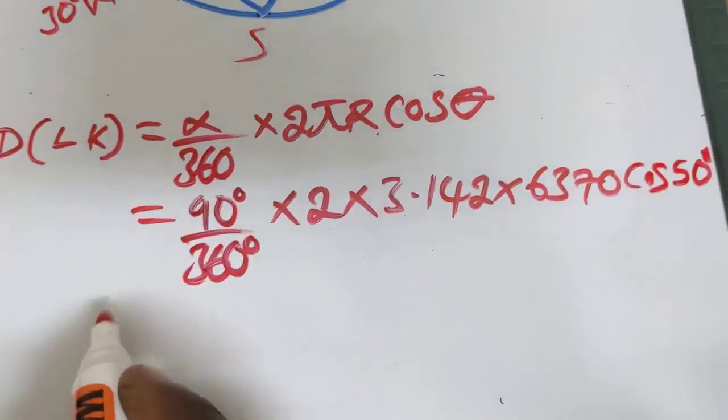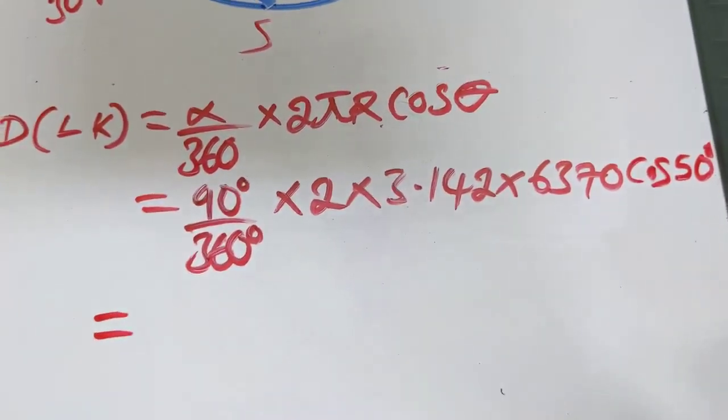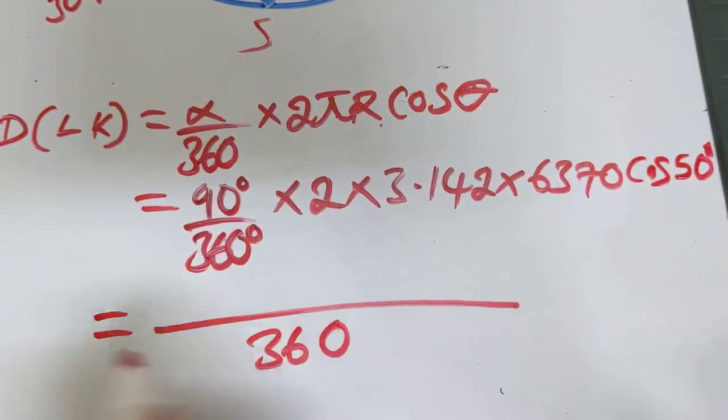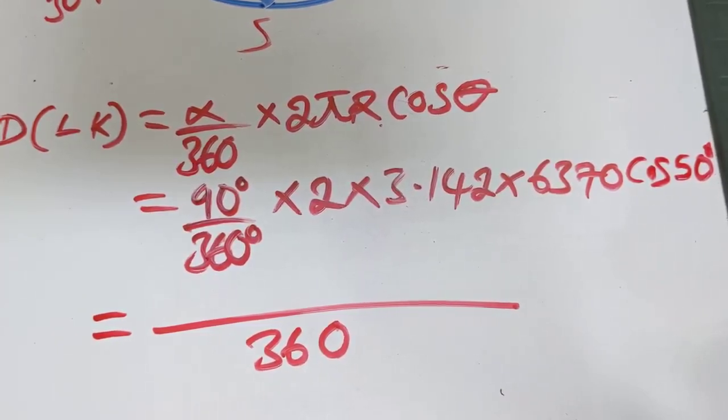Then you start your solving. You divide by 360, then you just multiply those. So that is 90 multiplied by 2 multiplied by 3.142 multiplied by 6370 multiplied by cos 50.